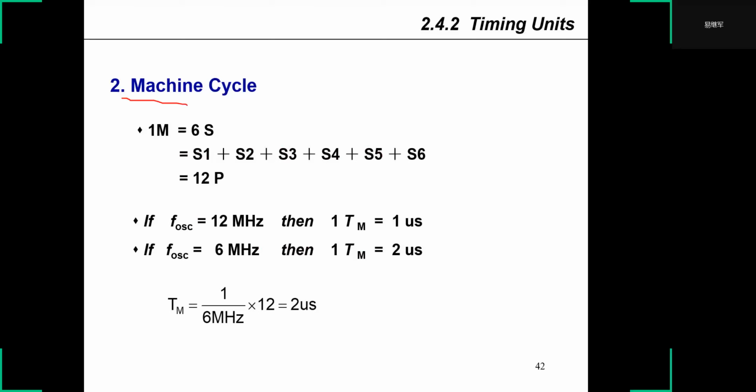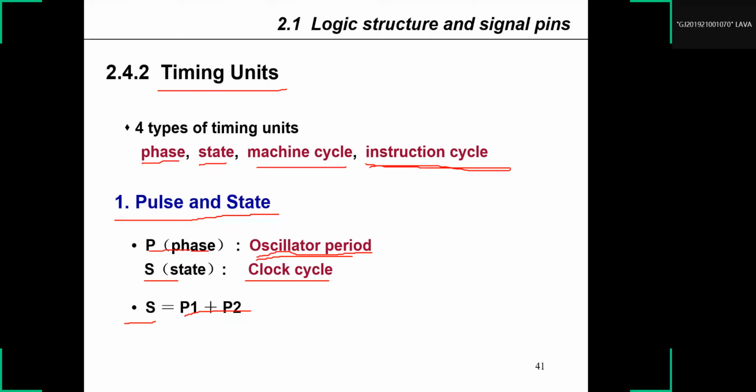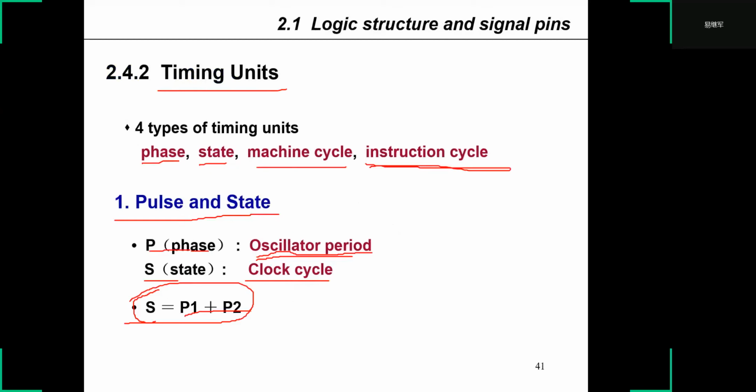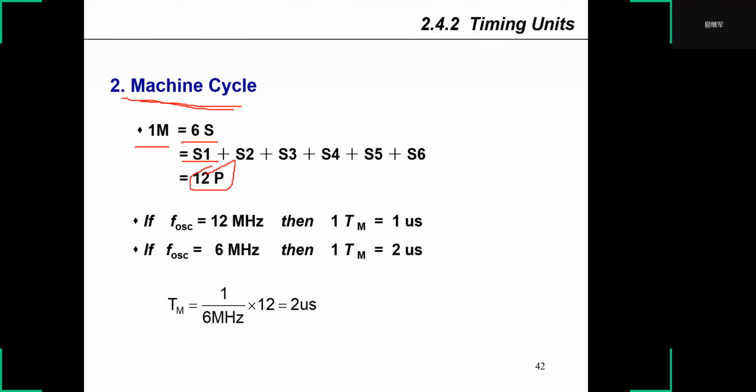Here is a machine cycle. One machine cycle is equal to 6 clock cycles, which is 12 oscillator periods or oscillator cycles. We need to remember this relation.